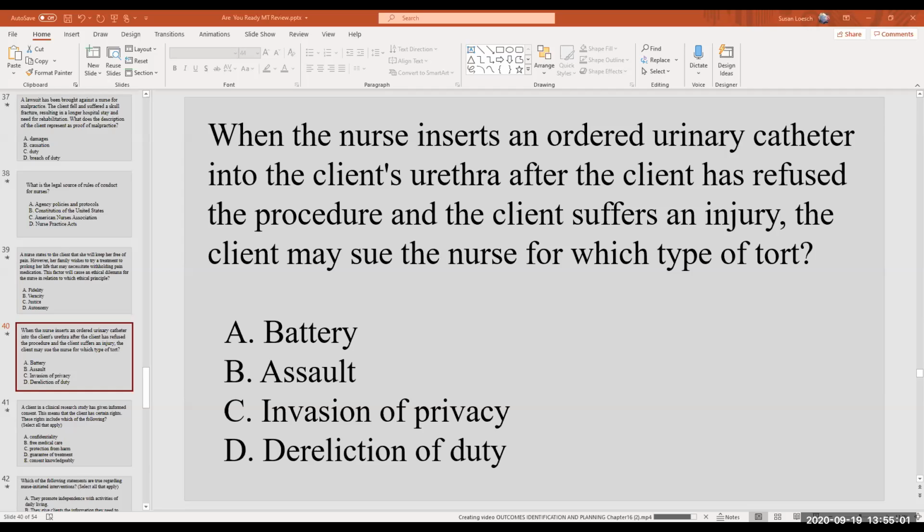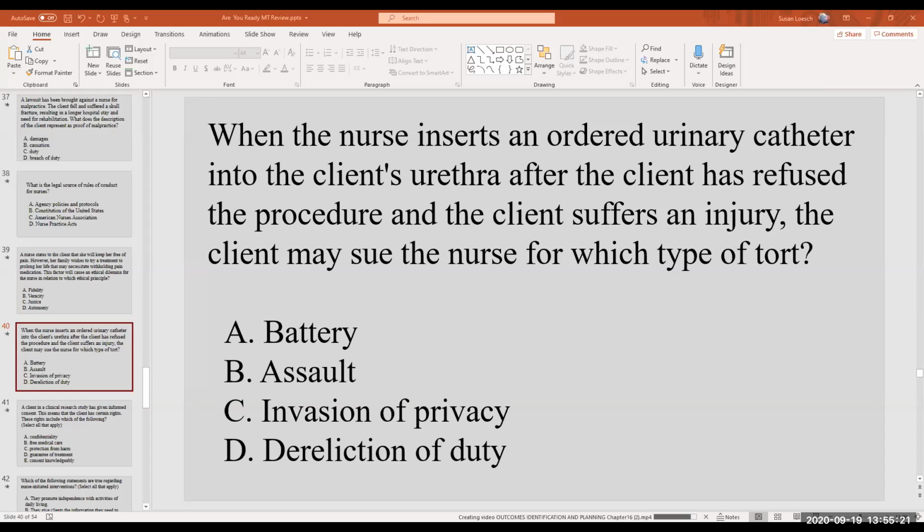That's actual battery. Assault is the threat or the attempt, but you don't actually make contact. You're attempting to assault someone, but you don't actually make that contact. And then invasion of privacy we talked about earlier.